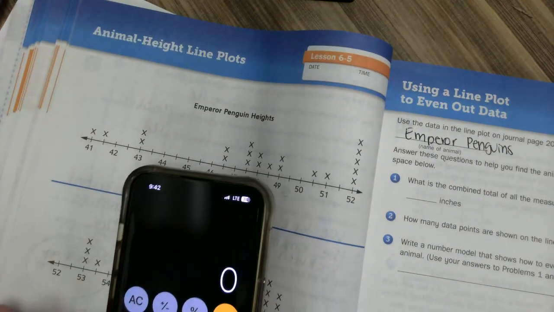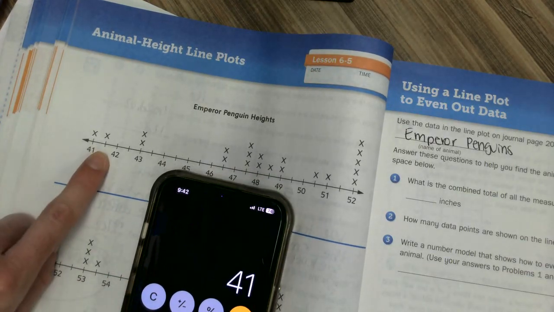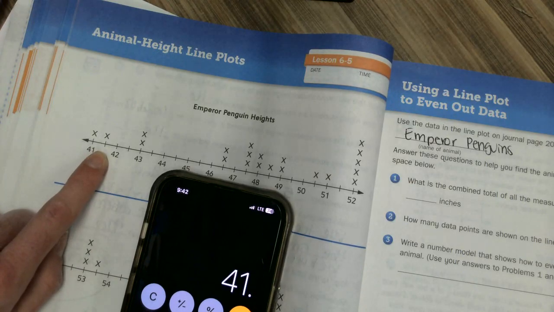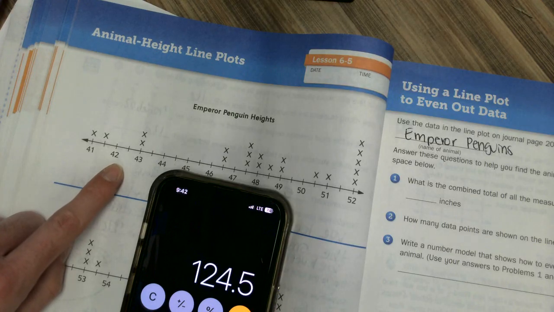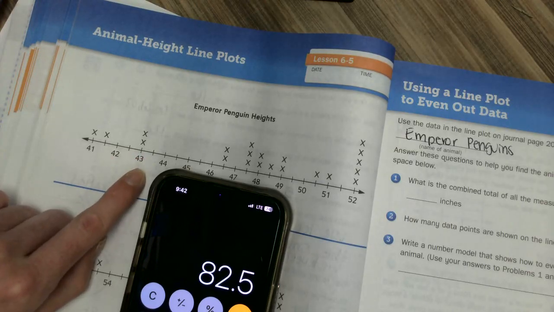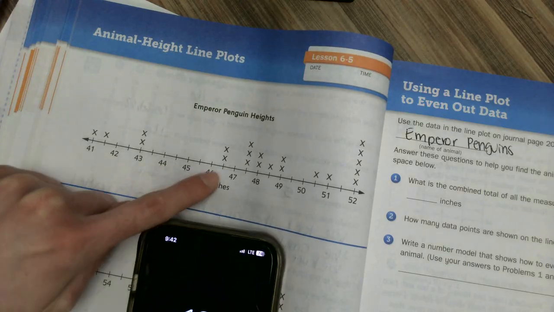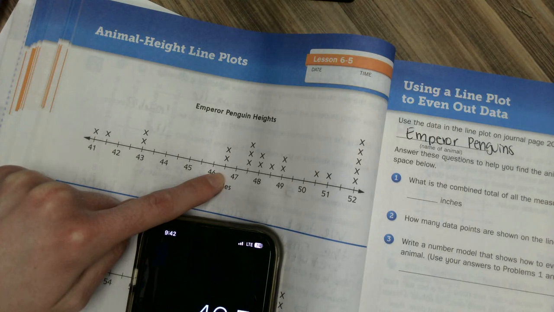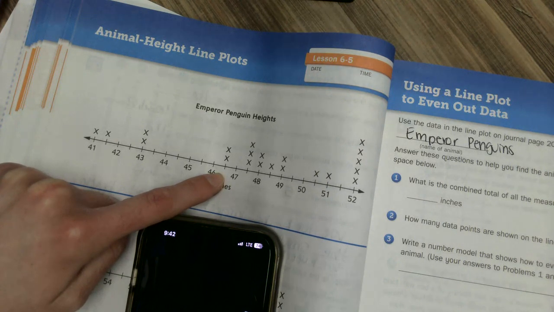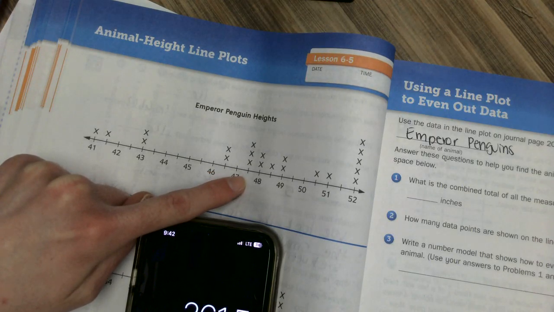I've got 41 plus 41 and a half, plus 42, oh wait, I don't have 42, minus 42, because I didn't have it. Okay, plus 43, plus 43, plus 46.5. I'm doing math up here, so plus 46.5. Skip to 47.5.